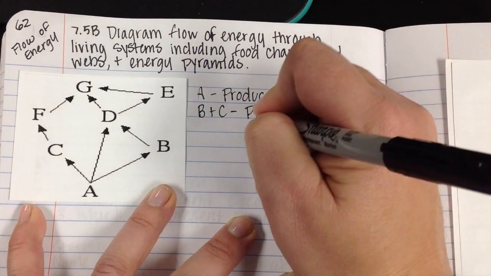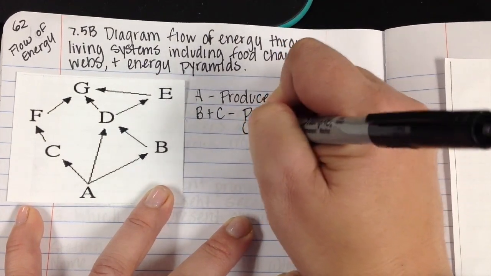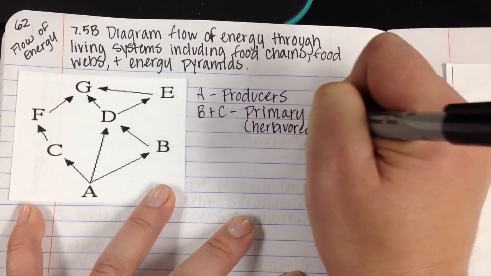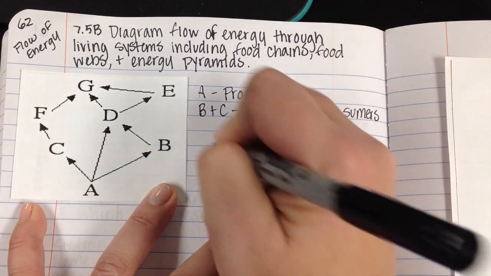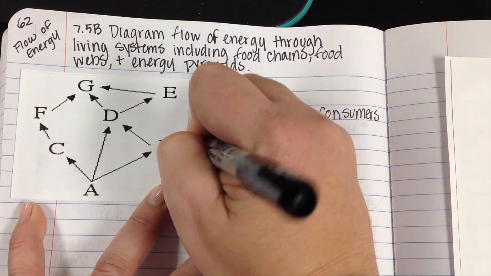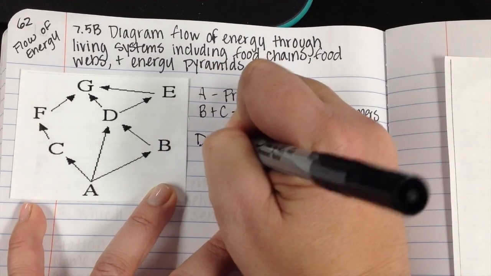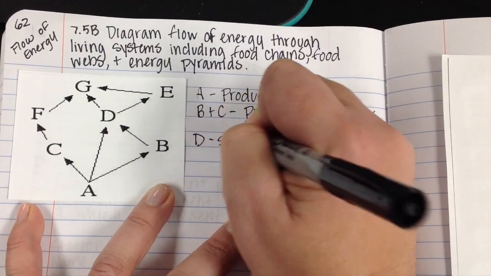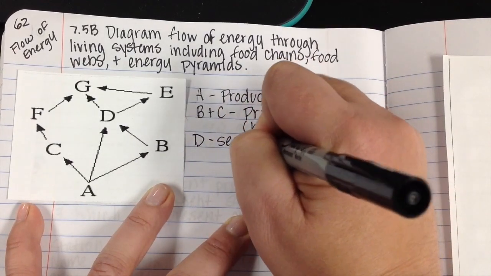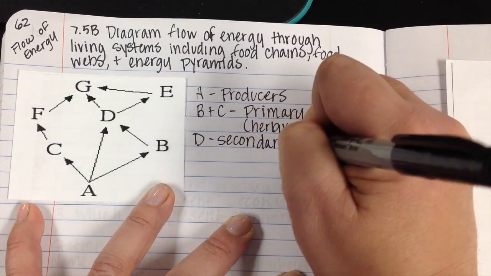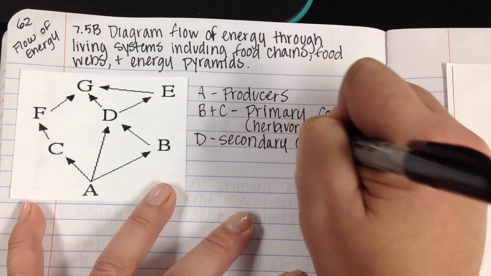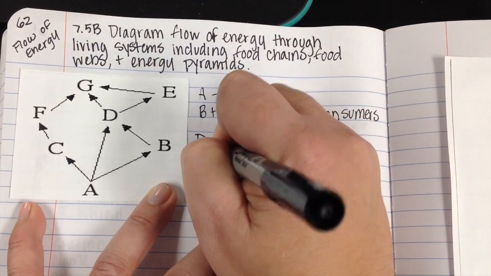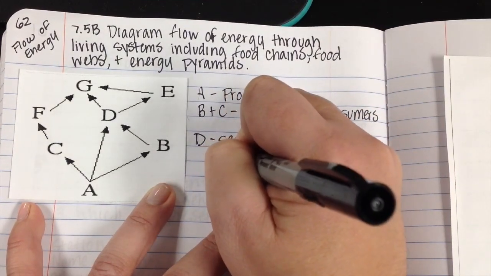Remember, that means that they are herbivores. Organism D in the flow map is a secondary consumer. They are also known as omnivores.